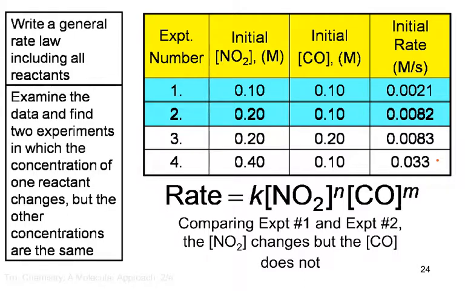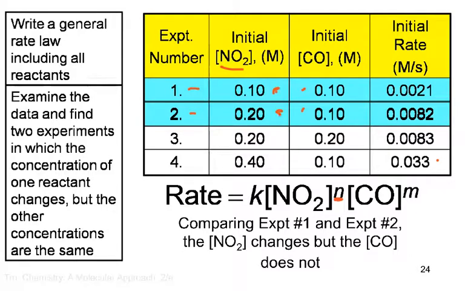And if you compare the two experiments in blue, experiment 1 and experiment 2, you'll notice that your concentration of NO2 doubles, but your concentration of carbon monoxide stays the same. So if you compare those two, you can find what the n value is, what the order of the reaction with respect to nitrogen dioxide is.